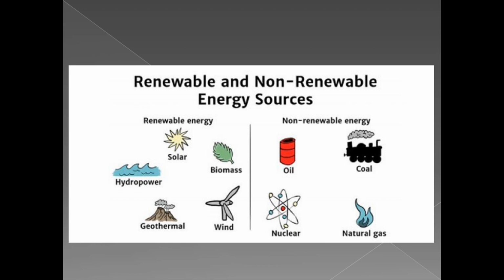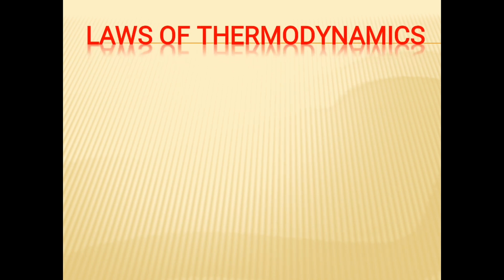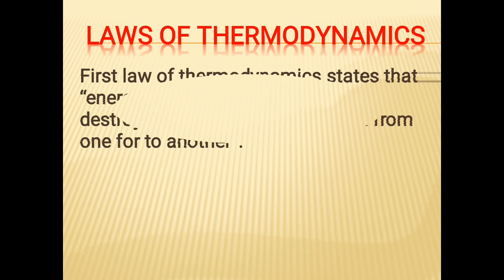And the second source is the non-renewable energy. So when this energy is used up, it cannot be renewed. Examples are oil, coal, natural gas, and nuclear. Those are the two sources of energy.